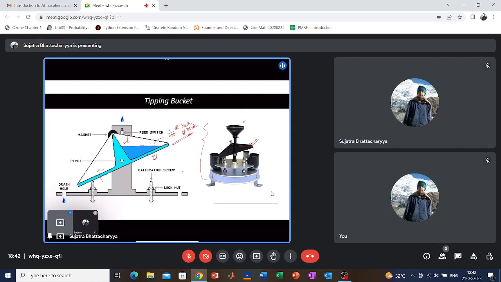Now the next rainfall will be collected by the other side. When it is filled again, this will come down and this will go up, and this generally occurs using a reed switch which makes a tip sound. That's why it is called the tipping bucket rain gauge.